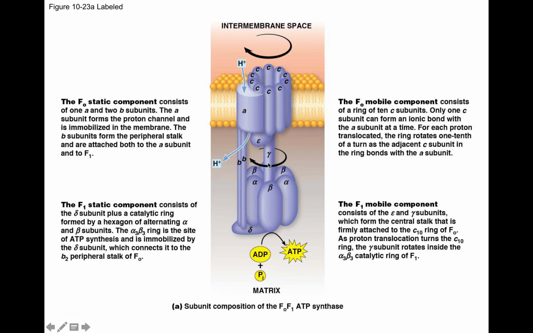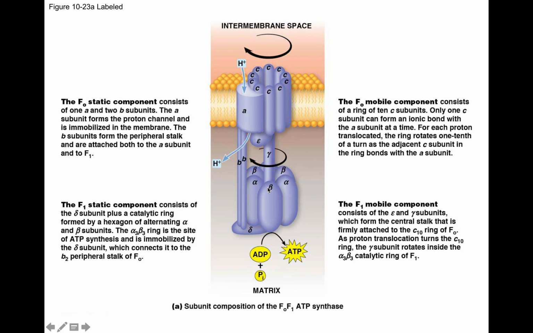That conformational change is transmitted to a central spindle called the gamma subunit. That will cause that gamma subunit to rotate physically in space, rotate around on its axis. It is shaped like a cam. It's not like a smooth rod, but instead it's got a bump in it.